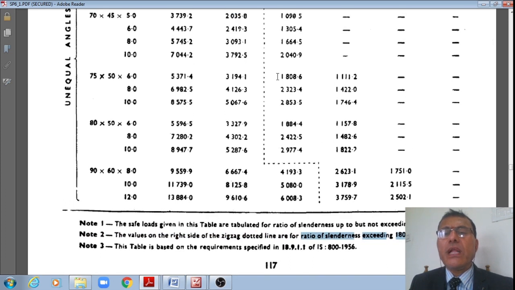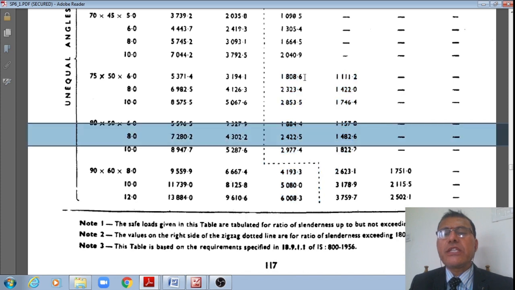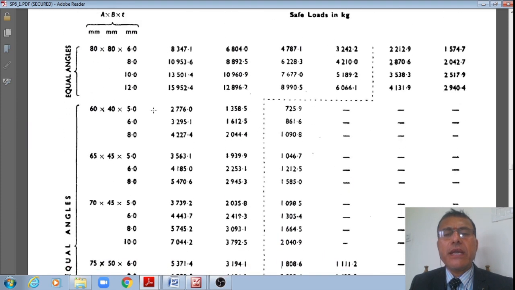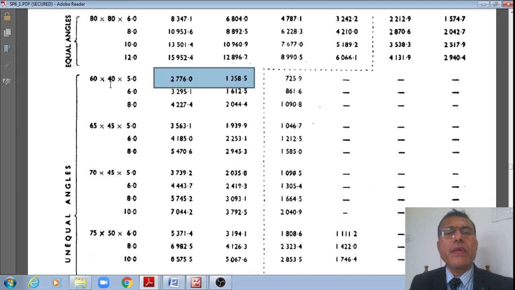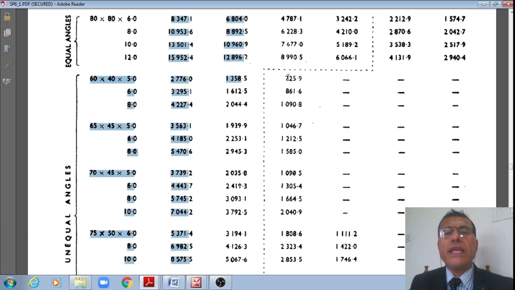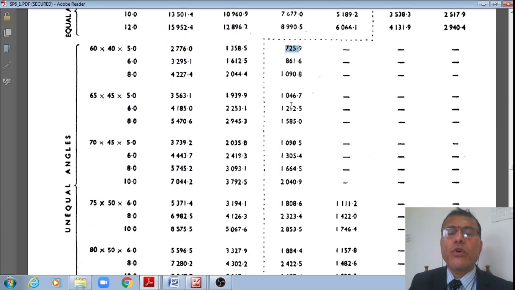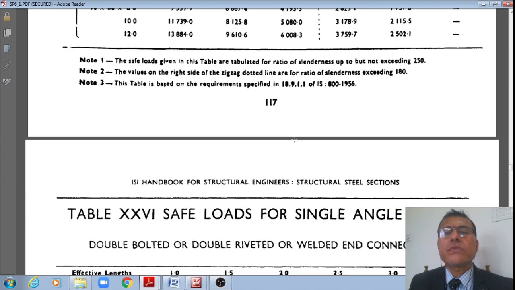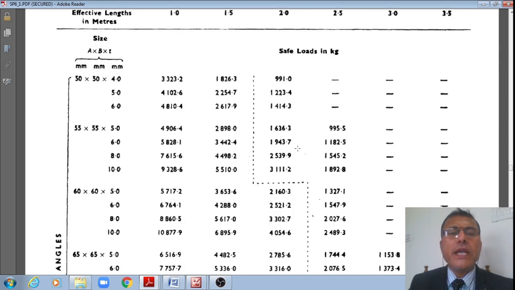Therefore for all these the slenderness ratios are exceeding 180, so you should use them cautiously. Whereas here they are not exceeding 180, let us say this 60 by 40 by 5, less than 180. If slenderness ratio is more than 180, then those values apply. And these all conform to IS 800 1956 or the 1984 code.